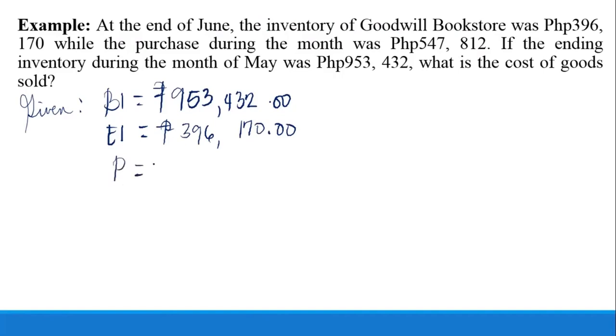So, nag-purchase siya during this month, which is equal to 547,812 pesos. So we are going to find for the CGS. Okay, so ano ulit yung CGS? Cost of goods sold.